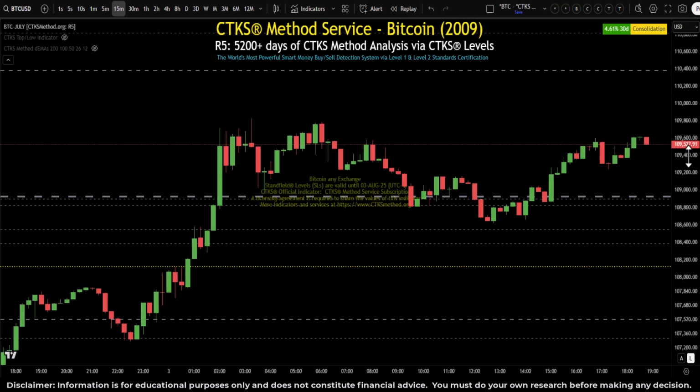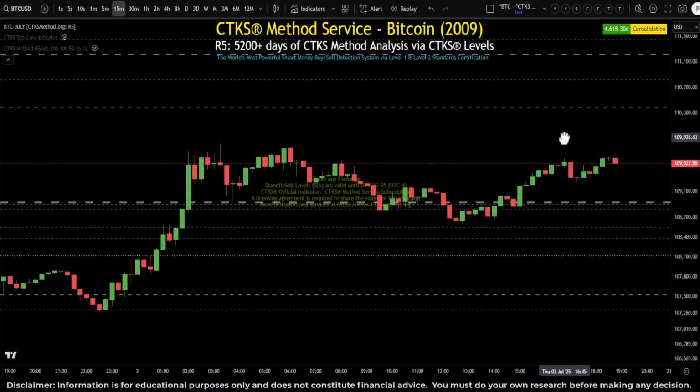Now let's go and have a look on Bitcoin, and how does that play out here? We can see Bitcoin has a little bit of structure, so Bitcoin and total are cross-interdependent with each other. So that means what happens to Bitcoin happens to total and vice versa. You need to keep your eyes on both and then look at what you're trading or investing in.